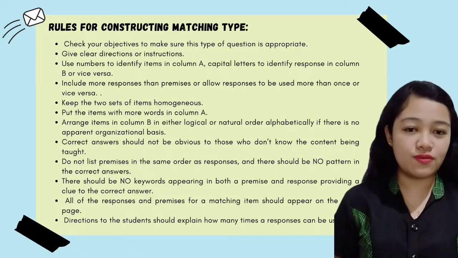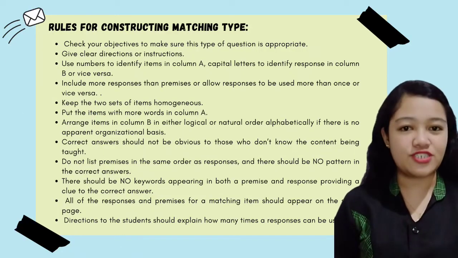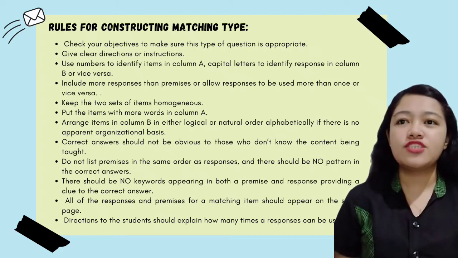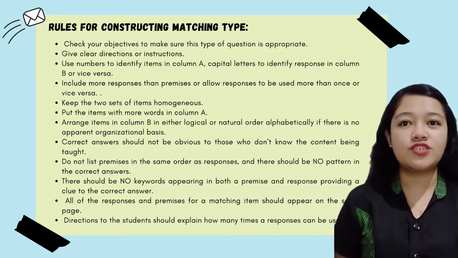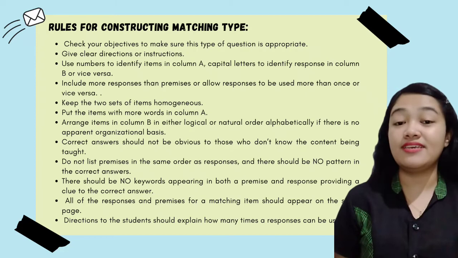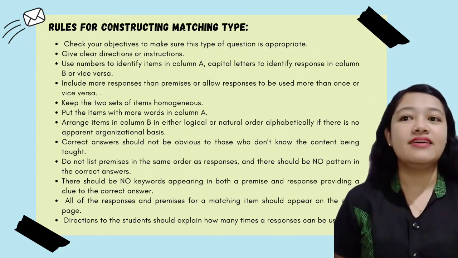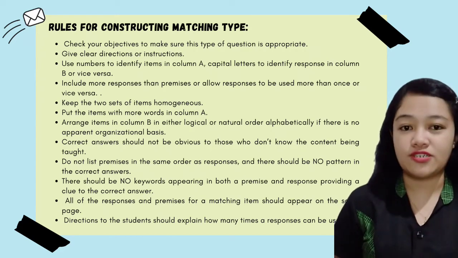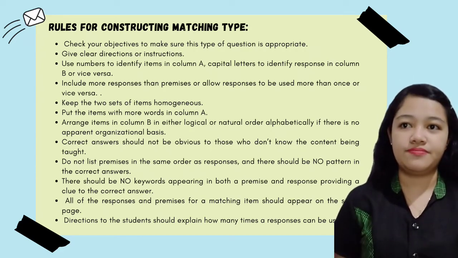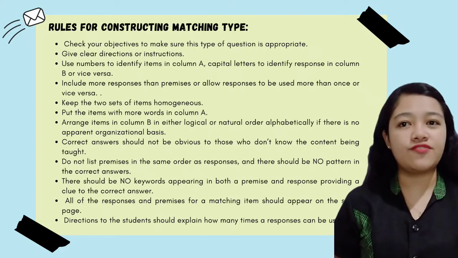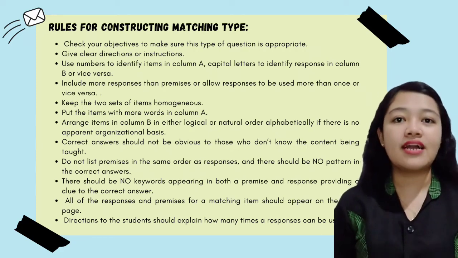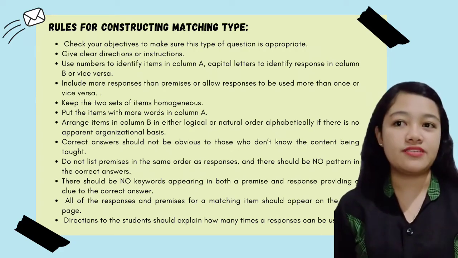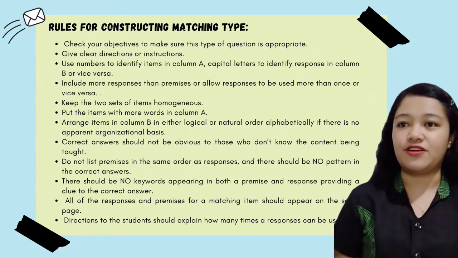There are rules for constructing matching type. So the first one, check your objectives to make sure this type of question is appropriate. Second, give clear directions or instructions. That is very important. Next, use numbers to identify items in column A, capital letters to identify responses in column B, or vice versa.